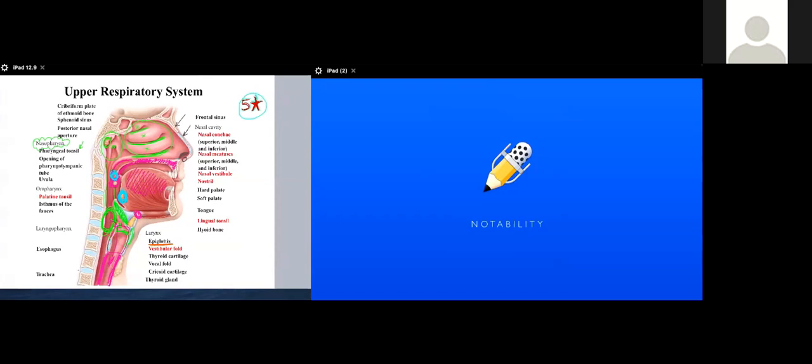So the nostril, nose, nasal cavity, the concha, meatus, nasal vestibule, hard palate, soft palate, tongue, lingual tonsil, hyoid bone, larynx, epiglottis, vestibular fold, thyroid cartilage, vocal fold, cricoid cartilage, thyroid. So all of them are going to be testable. All the markings on this diagram are going to be testable.